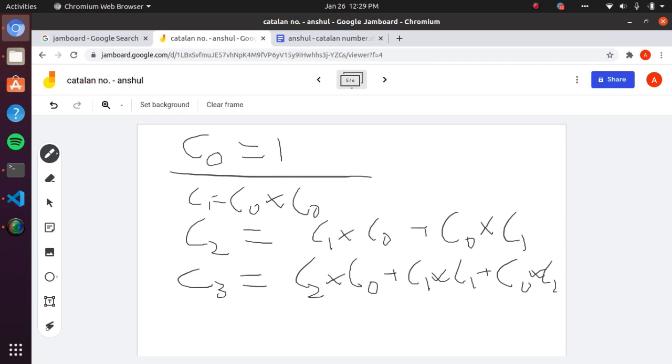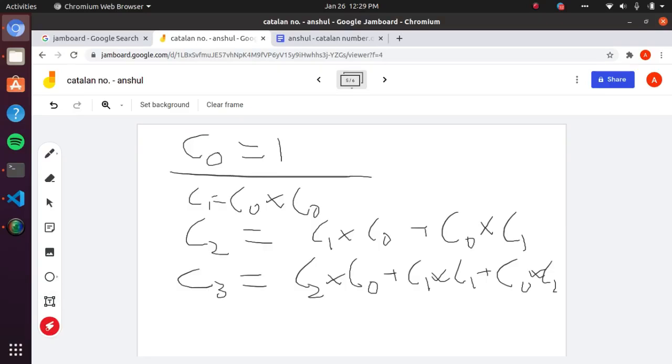As you can see, this index is decreasing and this index is increasing. So this is the relation between the previous numbers and the nth Catalan number.